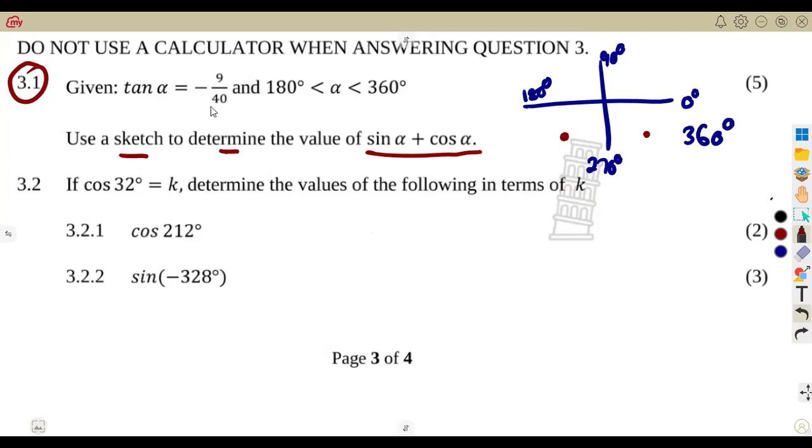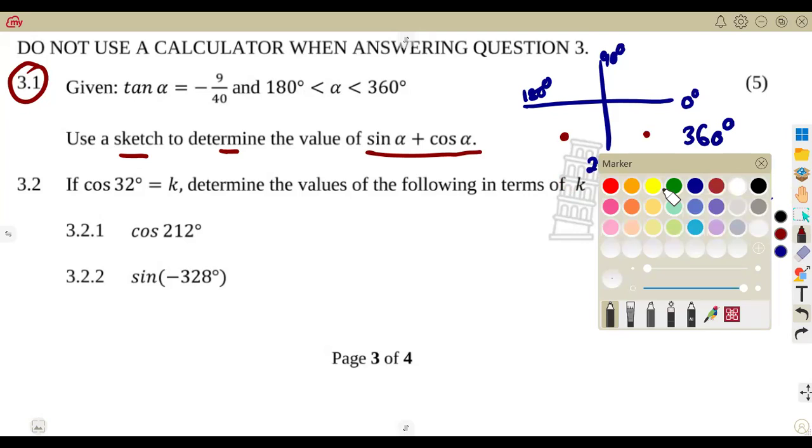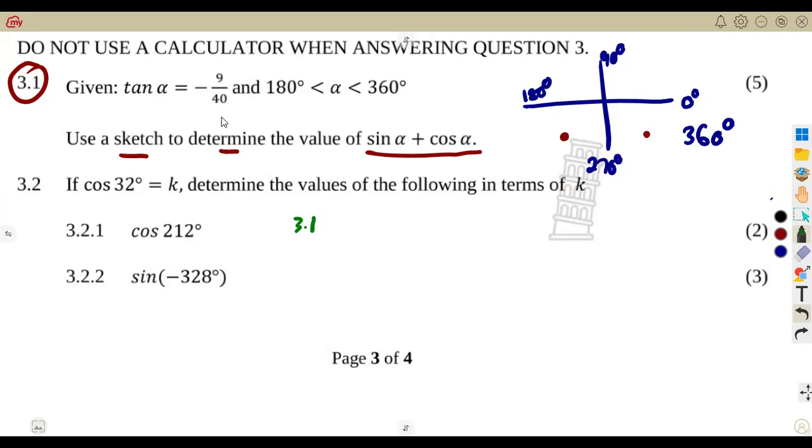But which one is the exact solution? We are given on question 3.1 that the tan of alpha is -9 over 40. Negative. Where do we have tan being negative? We understand from the CAST concept that tan is negative in the fourth quadrant and in the second quadrant.